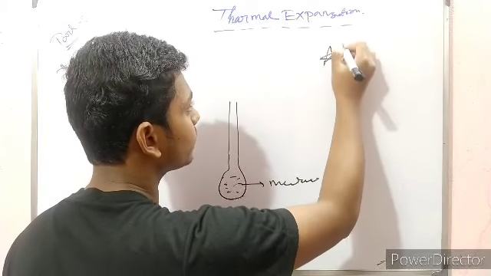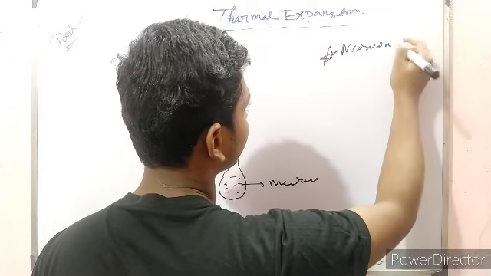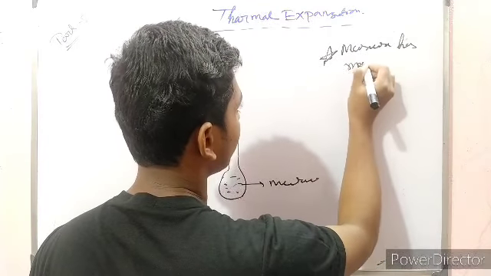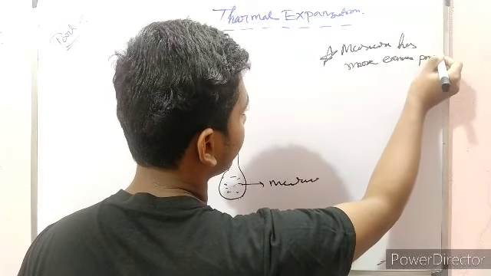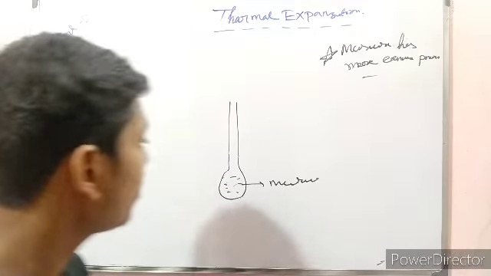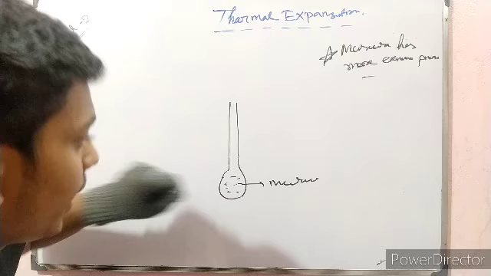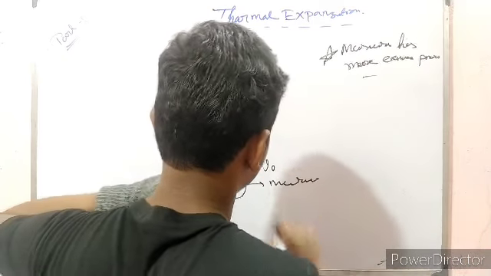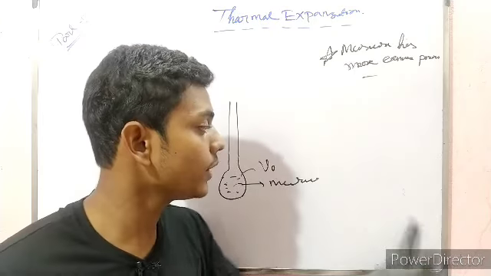One noted thing is that mercury has more expansion property. So the volume of this is V naught.